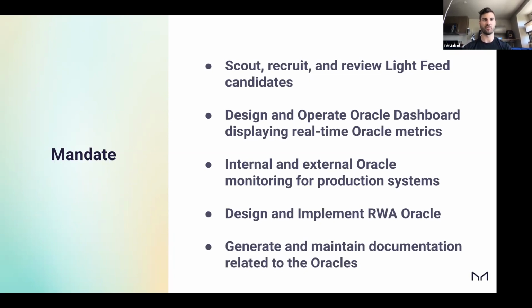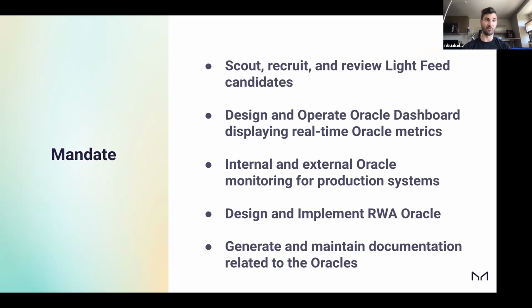We want to drastically increase the transparency of the Oracle protocol. So right now, we have internal dashboards that monitor every single detail of the Oracle protocol, but we'd like to make it much more thorough, and we'd like to make it much more transparent in a public manner.